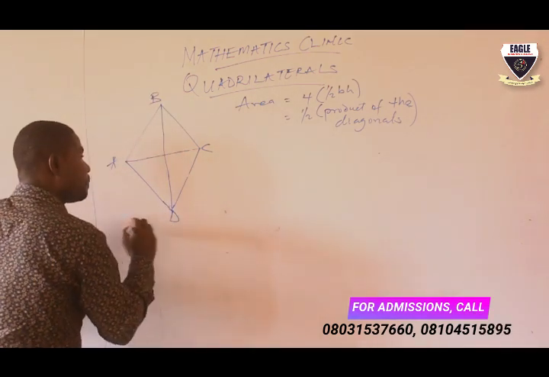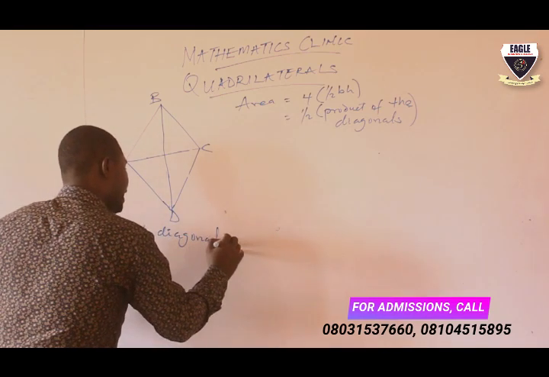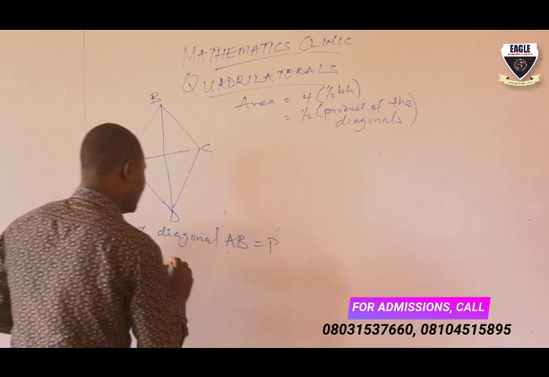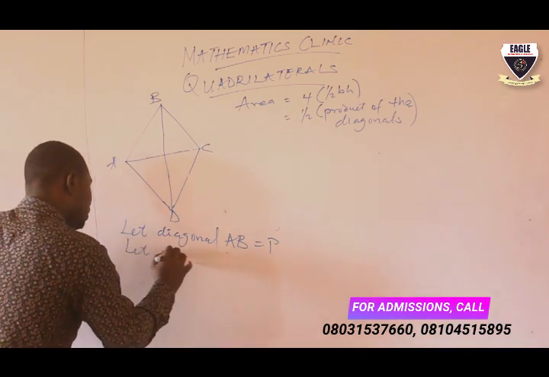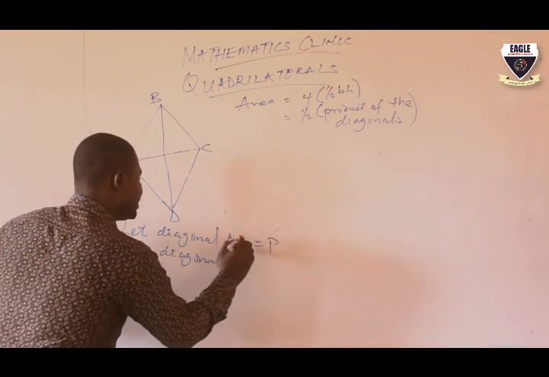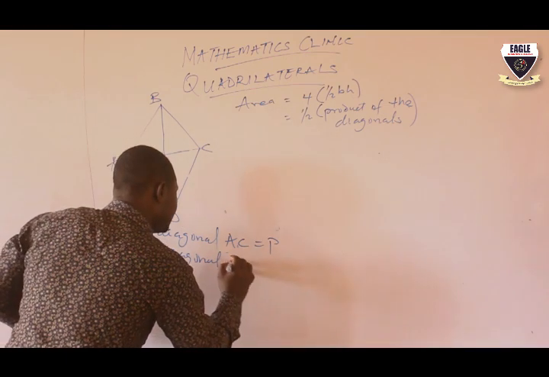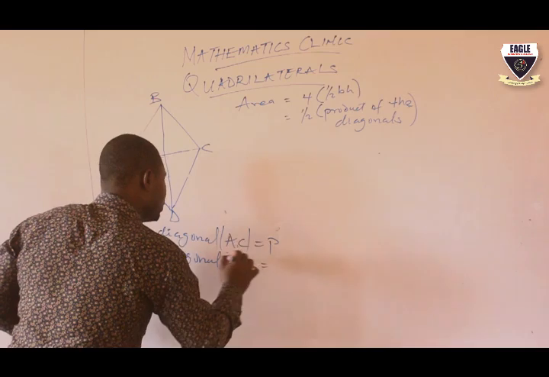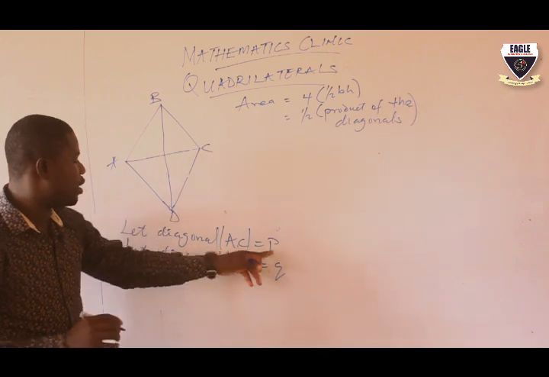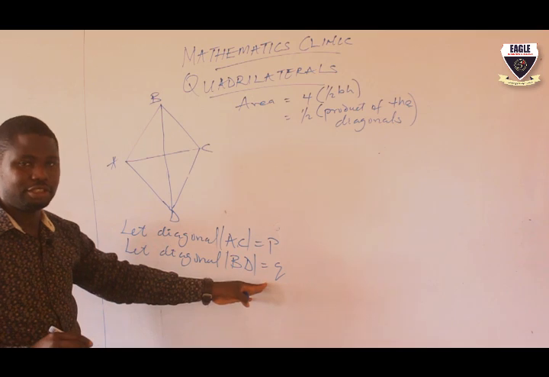So let diagonal AC be P, and let diagonal BD be equal to Q. So we consider this diagonal as P, and we consider this diagonal as Q.